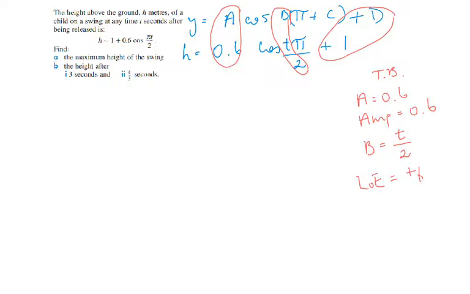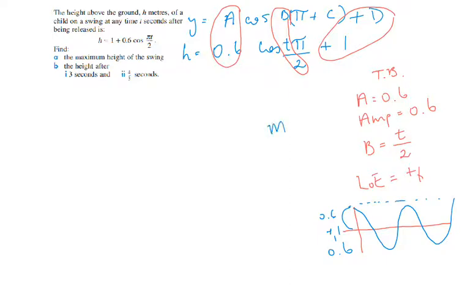Now, from here we can tell if this is our graph that goes along here, and it's a cos graph, so it's going to start like this and go like this. Okay, our line of equilibrium is at plus 1, and our amplitude here is 0.6 either way, which means our swing at its maximum is going to be 1 plus 0.6, so our maximum is going to be 1.6 metres.